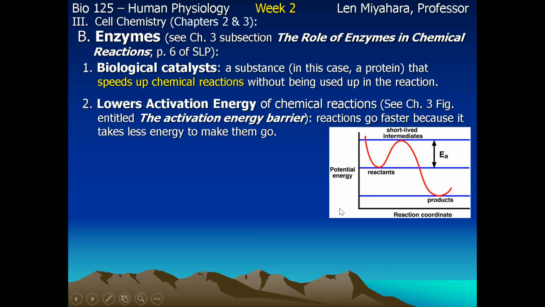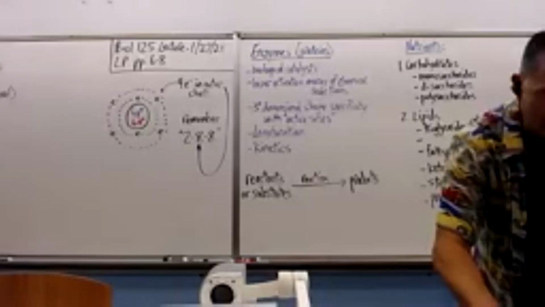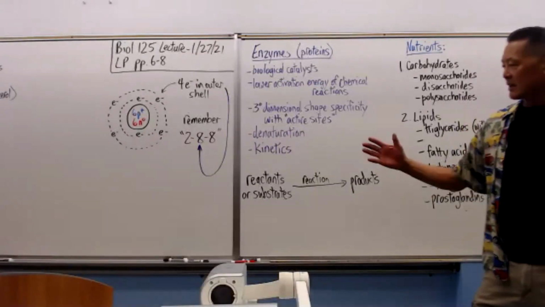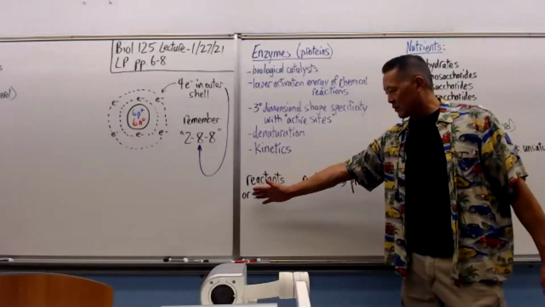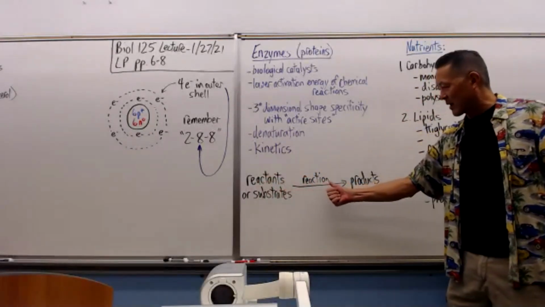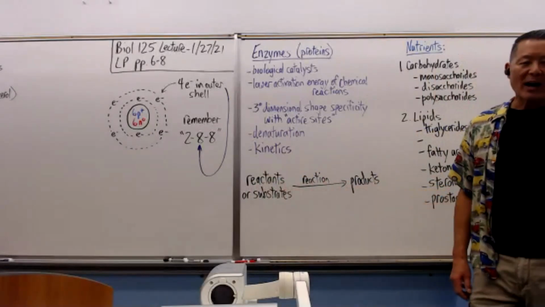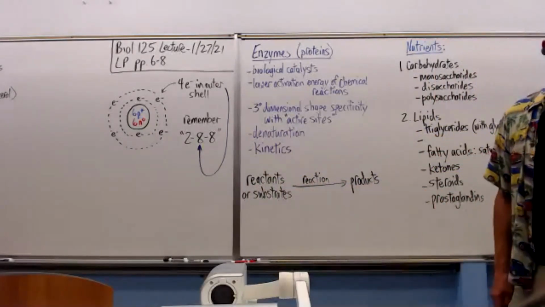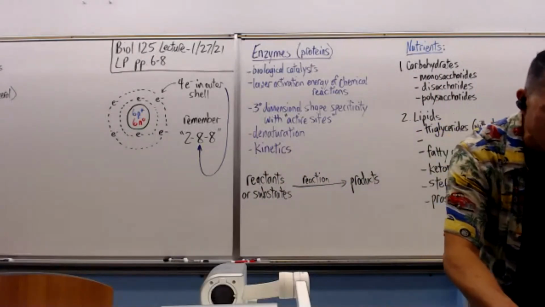Okay, can everybody see that on the whiteboard? You start with chemicals that are reactants or substrates. It goes into the chemical reaction, and what comes out are the products. Everybody got it?